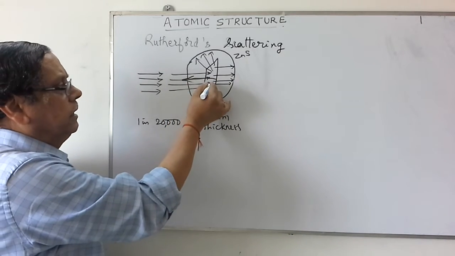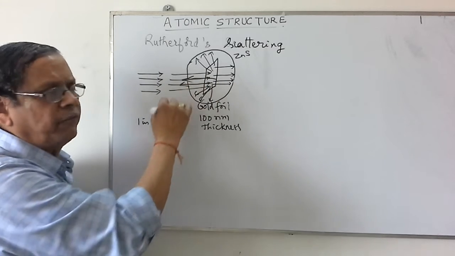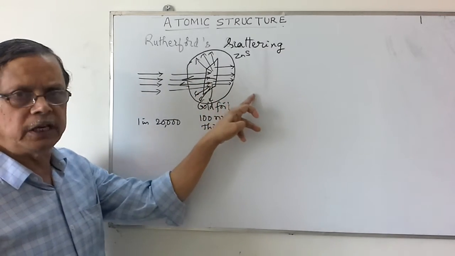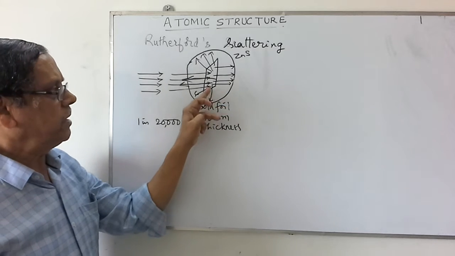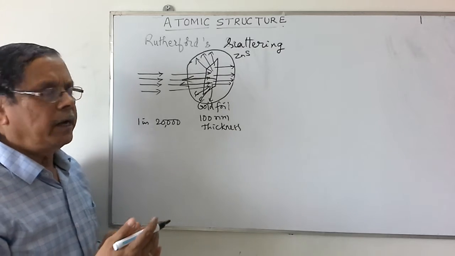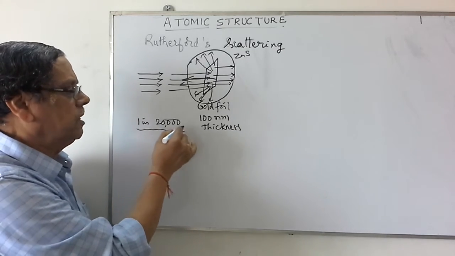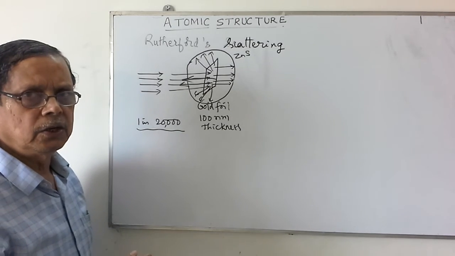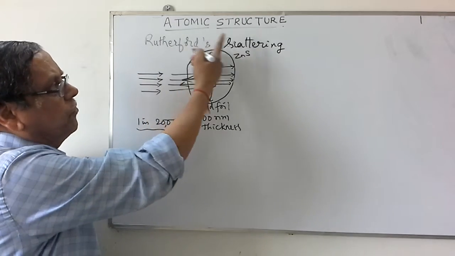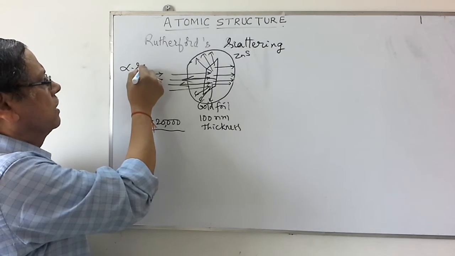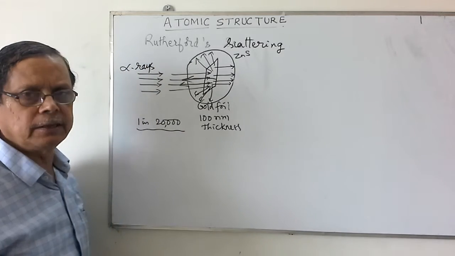It is in 180 degrees, they are deflected back. So most of the radiations pass through without a deflection. Some radiations are deflected by some angle, very few, and one in about 20,000 radiations is deflected exactly in the backward direction.